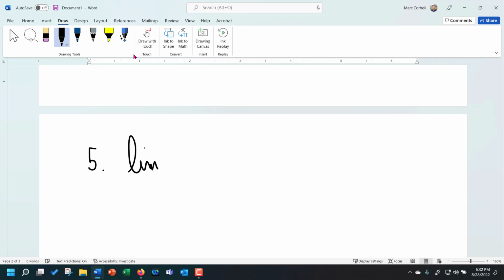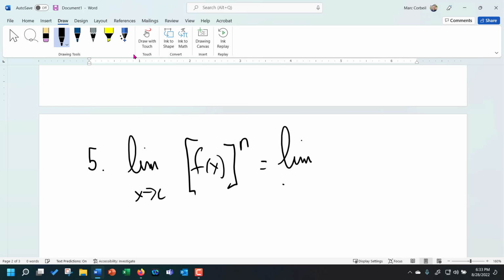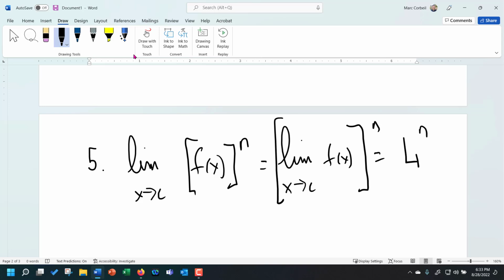If we take the limit as x goes to c of f of x itself to a power, let's say n, then we simply can take this and call it the limit as x goes to c of f of x, and that power can go on the full outside, and this limit inside is L, so this simply would be L to the power n. So those 5 properties are relatively easy to prove, and there's some in your Appendix A if you want to go through that and check that out.